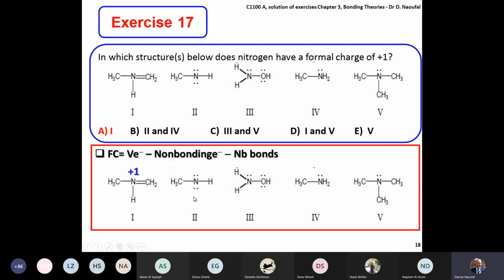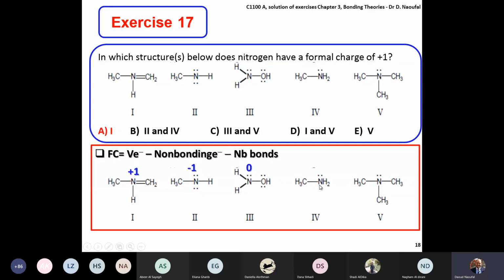In structure 2, 5 minus 4 minus 2, so the formal charge is equal to minus 1. In the third structure, 5 minus 2 minus 3, so the formal charge is equal to 0.